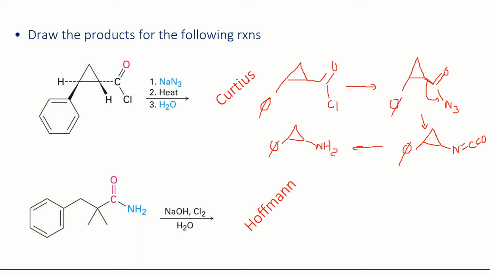At this present moment in your career, the stereochemistry is not that important. In the Hoffmann, of course, you can see that we'll end up with, in this case, your product, then your starting material. Your starting material will be chlorinated.